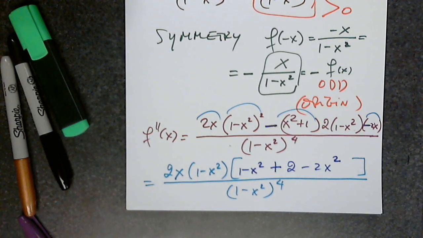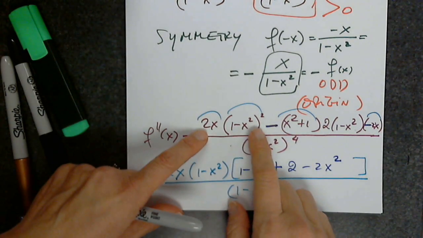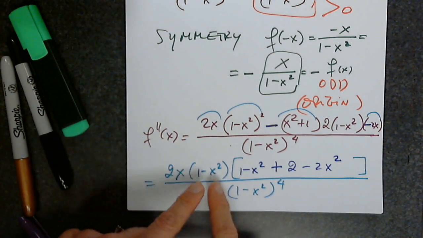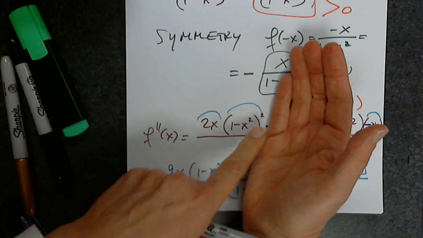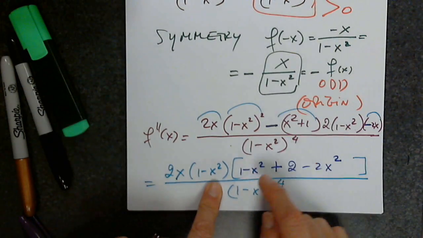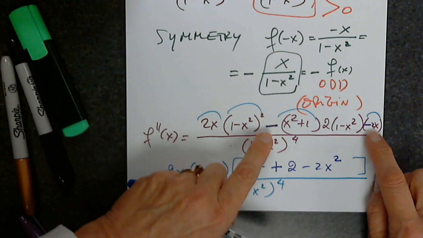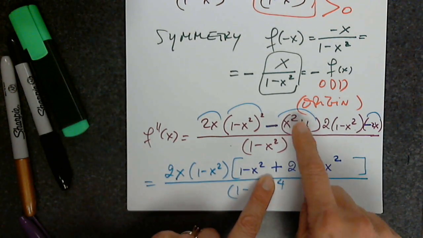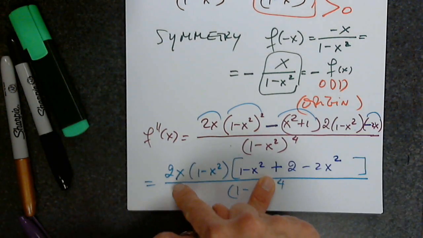One more time. 2x and 1 minus x squared are common to both. 2x is outside, one of these is outside. So from this, I am left with 1 minus x squared. Because these two are negative, this sign will change into positive. This is out, this is out.